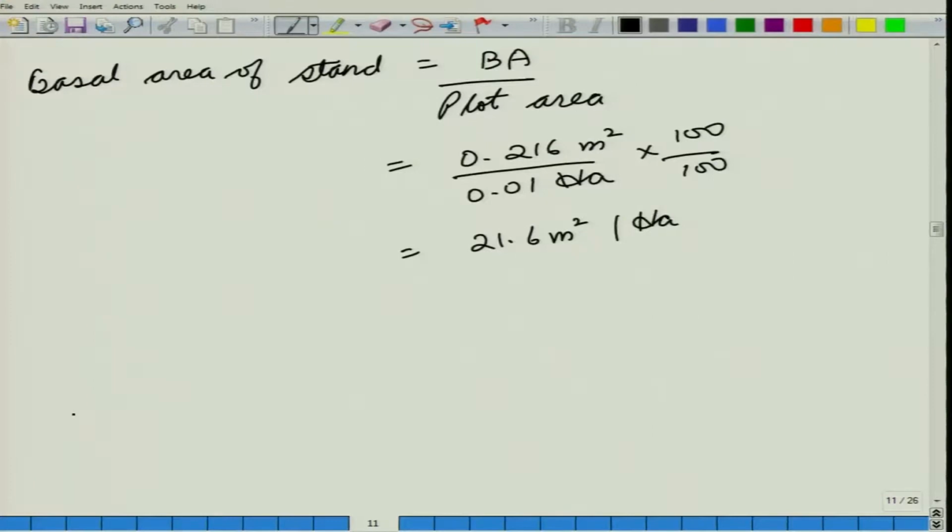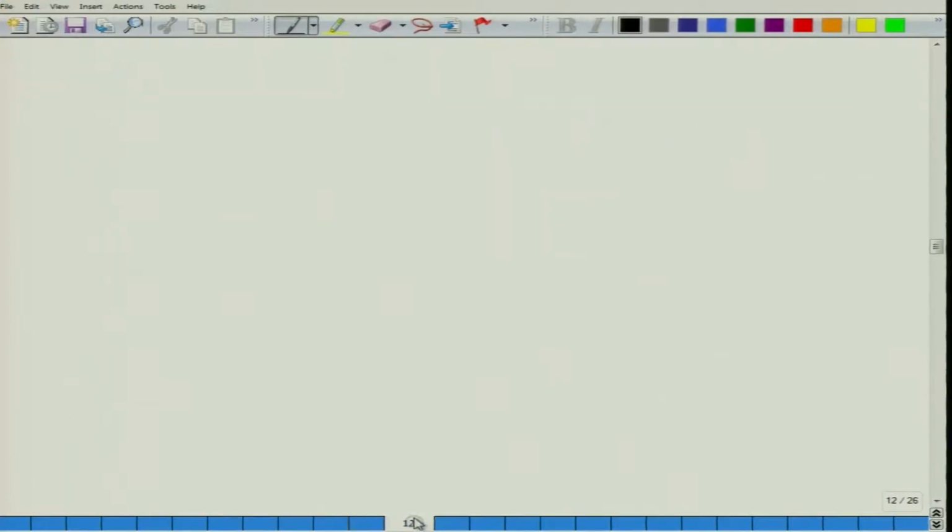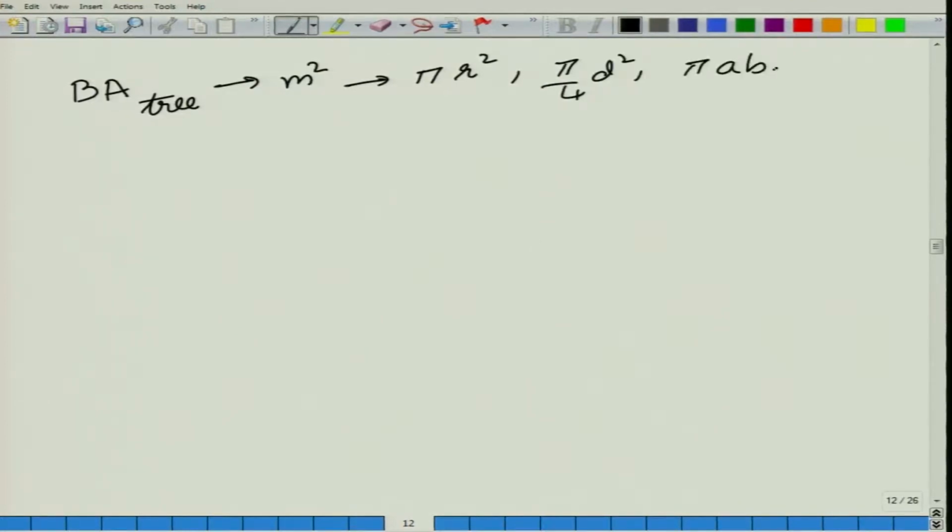Now to sum up, we can say that the basal area of a tree is given in square meters, and it is pi r square, or pi by 4 d square, or pi ab.